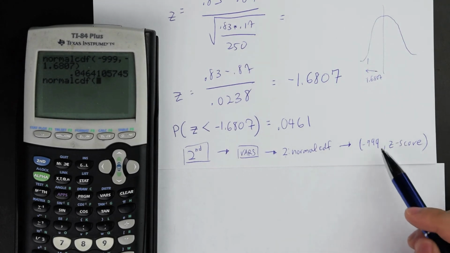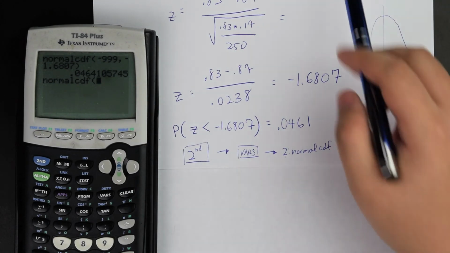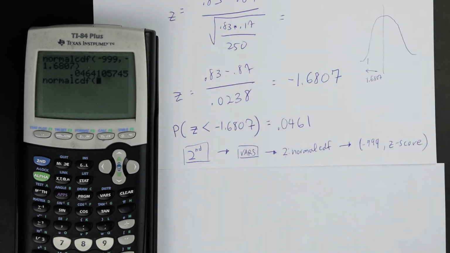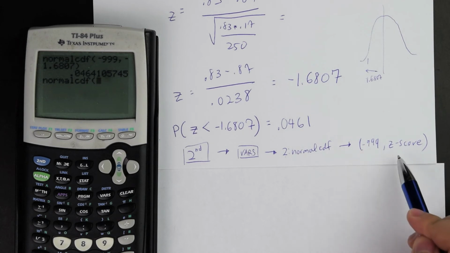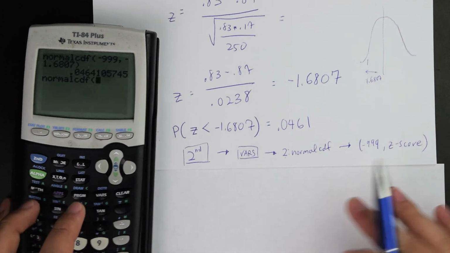And because I'm testing for the proportion that's below it, I'm going to put comma z-score. If the question was asking if it was greater than or higher than, what I would actually do is type down the z-score first, comma 999. But because of this scenario, it makes me do this format. And so that's where I got this value.